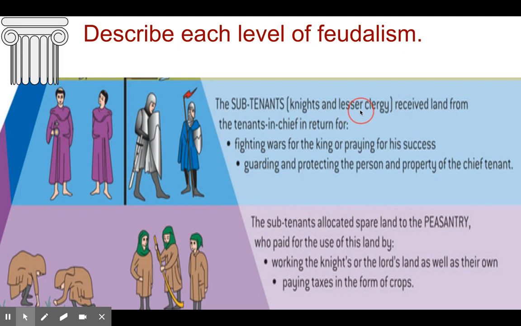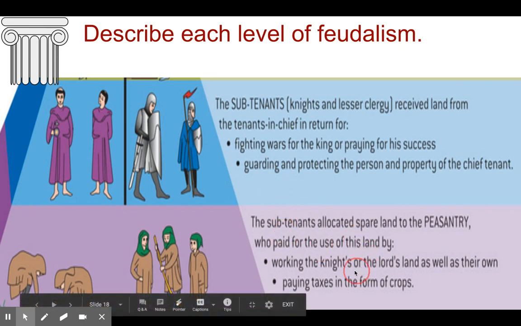And then below the lords, you're going to have the knights, and then you'll have holy people. We're not there yet. We're not talking about the church yet, but we will. And so you have the knights there. They receive land from the tenants in chief, which are the lords, in exchange for fighting wars. And then there are the guardians to protect people. Okay, and then below the knights, we have, of course, the peasants.